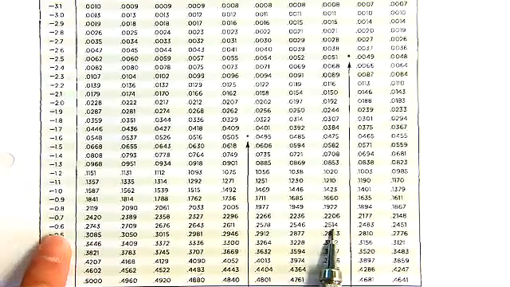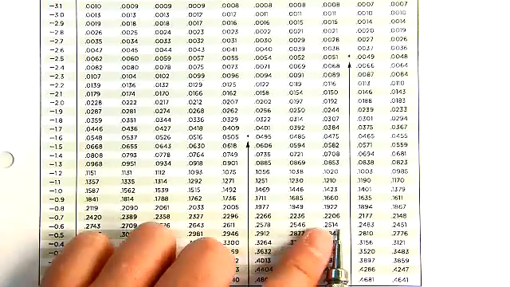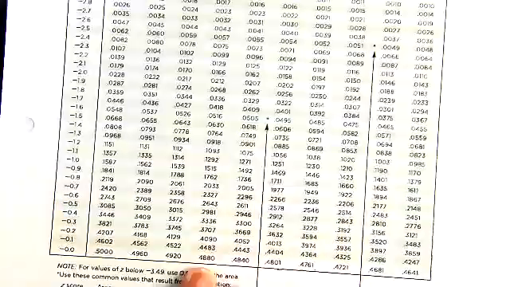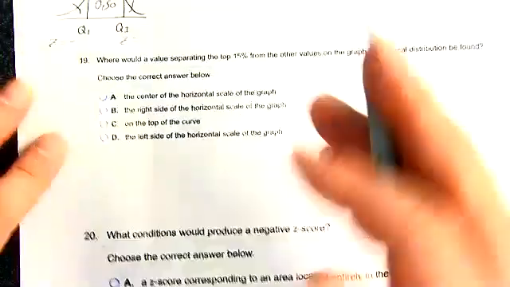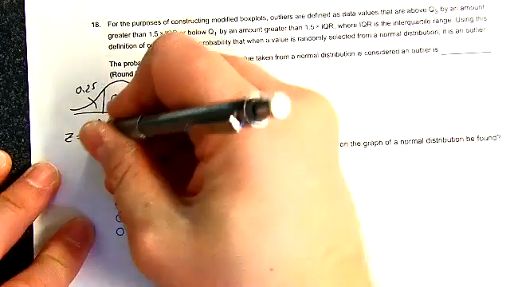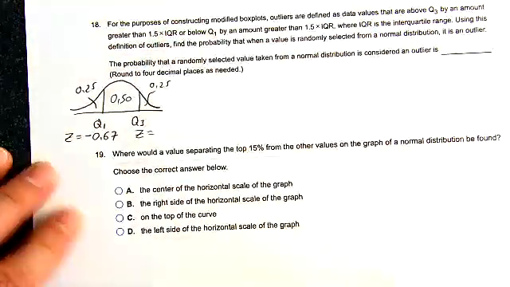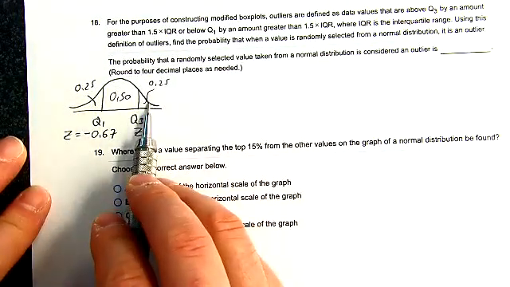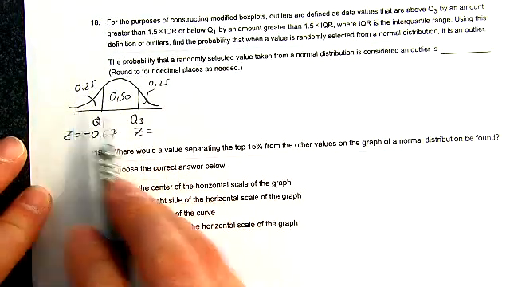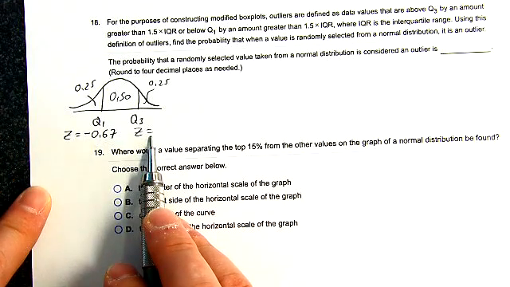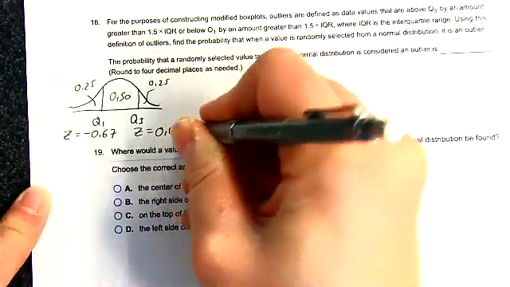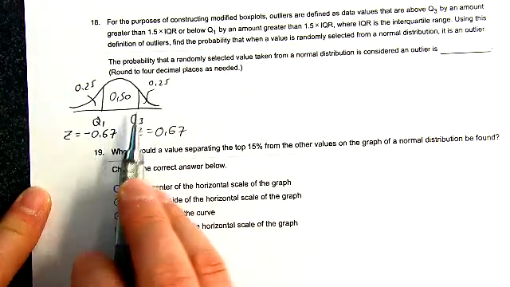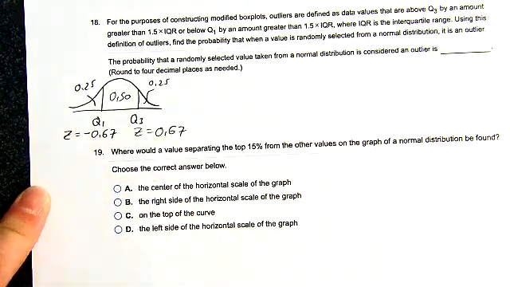So the z-score is minus 0.67. Now the nice thing is, because this area is the same as this area, and this is a symmetric curve, this z-score I don't even need to look up. It's going to be the exact same number, except positive. So if this is minus 0.67, this one's going to be positive 0.67.